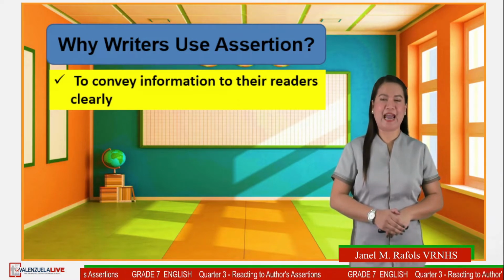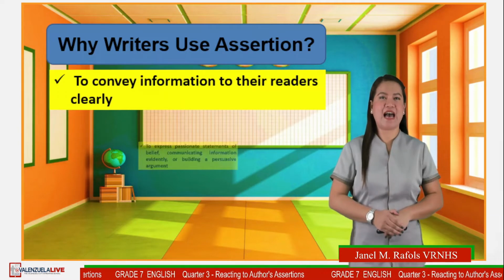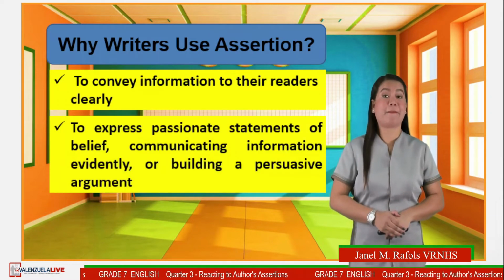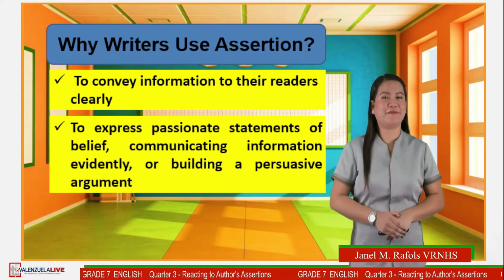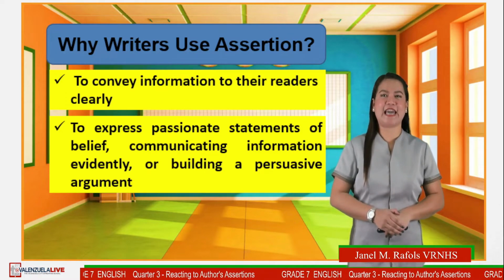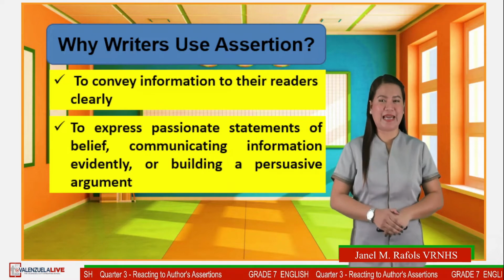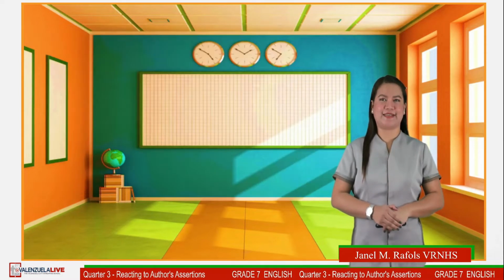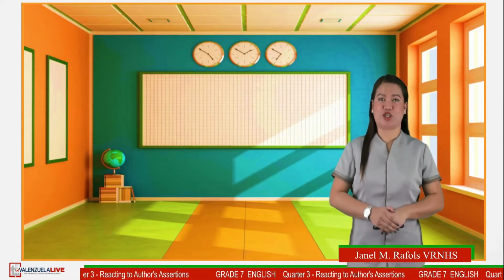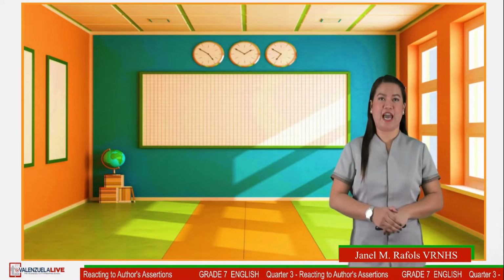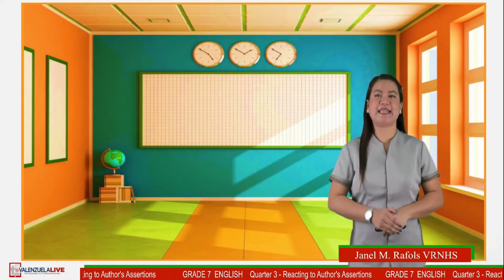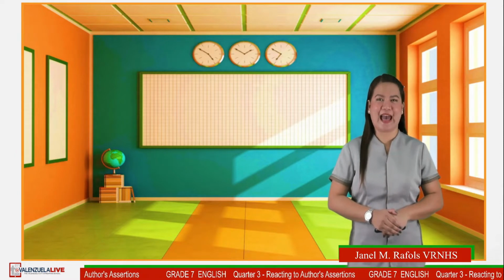Assertions appear in many different genres as a way of expressing passionate statements of belief, communicating information clearly, or building a persuasive argument. Readers make assertions about literature, and literature makes assertions about life.